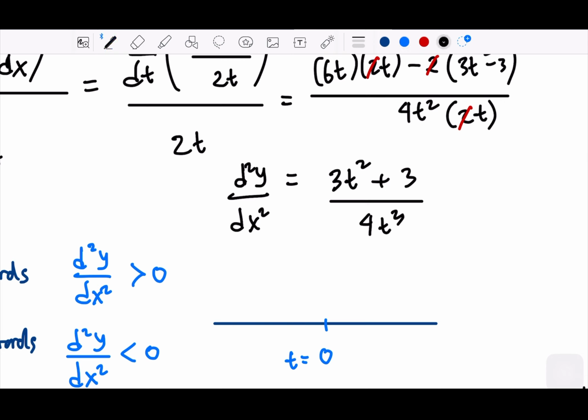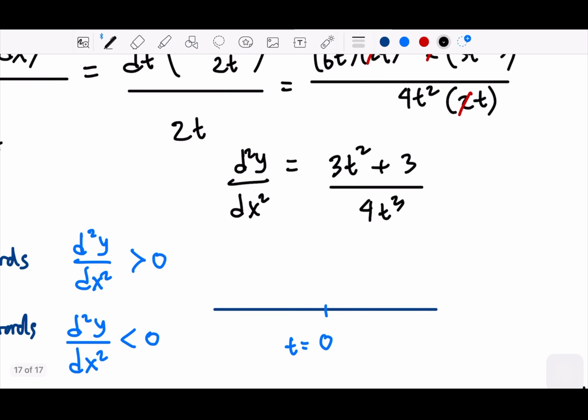This will be cubed. Sorry about that. I forgot to multiply the squared with the t. So if this is cubed, then if t is negative, it will be negative, right? It changes the whole sign. So we have negative and positive.